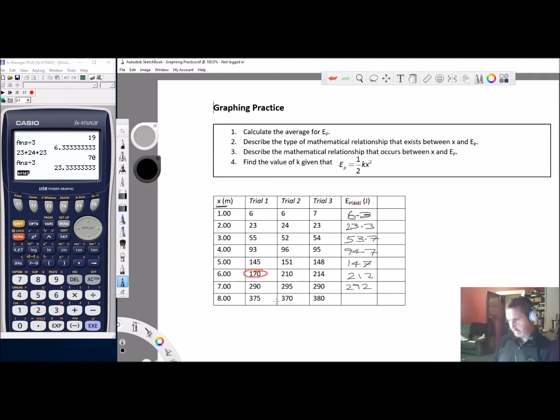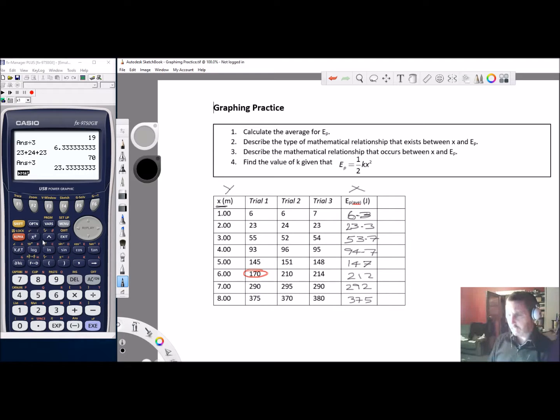And the average of these 3 here is 375. Right, so now I have 2 data sets here. So this is going to be my x value, and this is my y value.